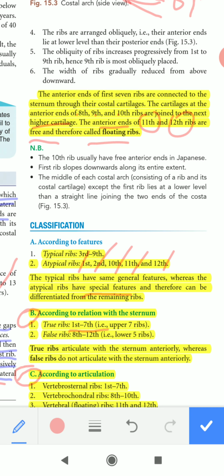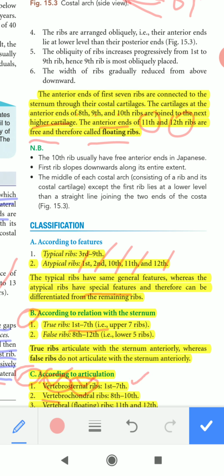Now number C, according to the articulation, we can divide the ribs into 3 classifications. That is the vertebrosternal ribs, vertebrochondral ribs and floating ribs. Vertebrosternal ribs, that means these ribs are attached anteriorly with the sternum and posteriorly with the vertebra. So these are the first 7 ribs.